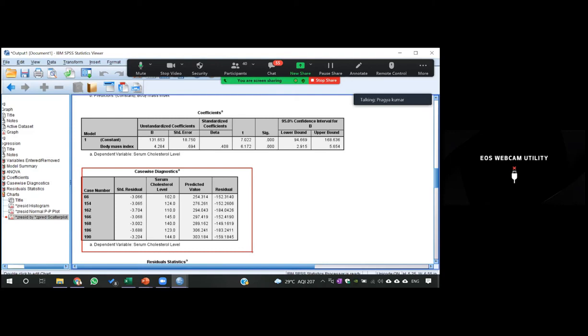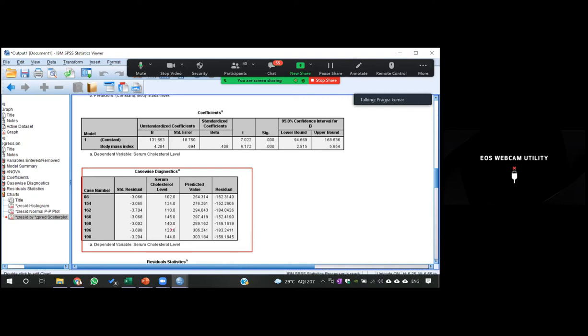But if you see the rest, they are 3.0 and then something. In both case number 162 and case number 186, if you see their values, you can see that the predicted value is too high. Like Dr. Shamshad was giving an example just now, if the student expected that out of 100, I'll get 99, and he got 50, then see the gap between the expected and the actual.